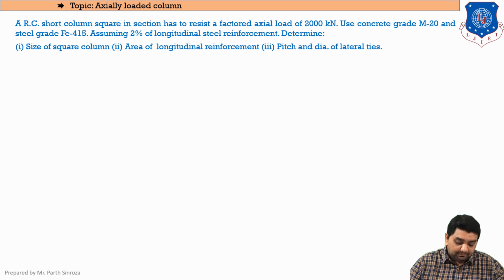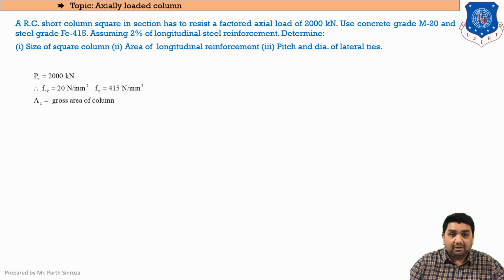So starting with our sum. The first thing given in the question is the load. So PU is given as 2000 kilonewton. FCK, that is M20, so 20 Newton per mm square, and FY 415 for Fe415 steel, and AG we will assume as the gross area of the column. Now as it is given that 2% steel is provided, ASC, that is area of steel content, will be 2% of total area.